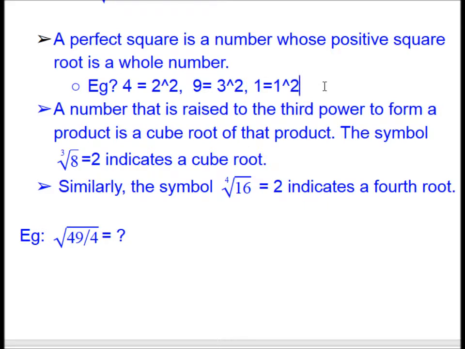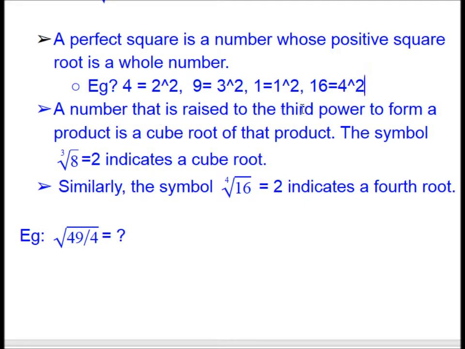Similarly, what else can we think of? 16. 16 is a perfect square because 4 fours are 16. So 4 is again a whole number. A perfect square is a number whose positive square root is a whole number. So this is called a perfect square.